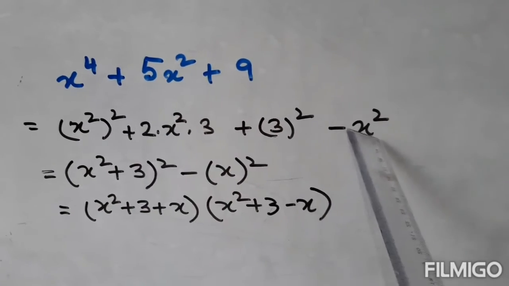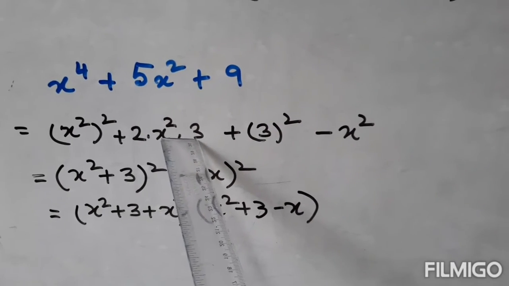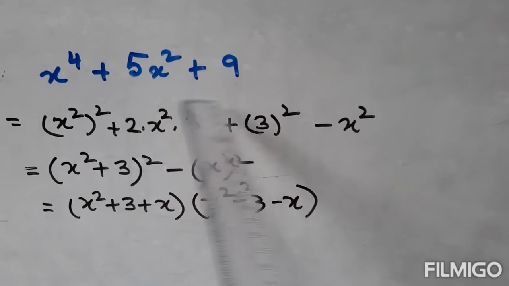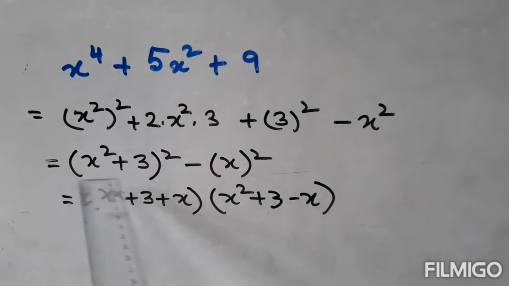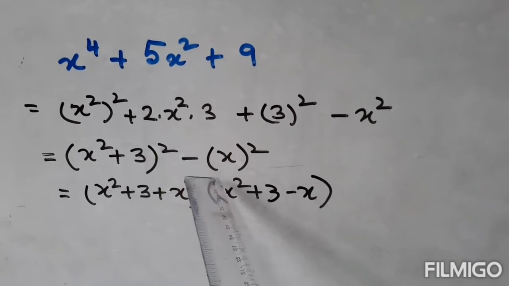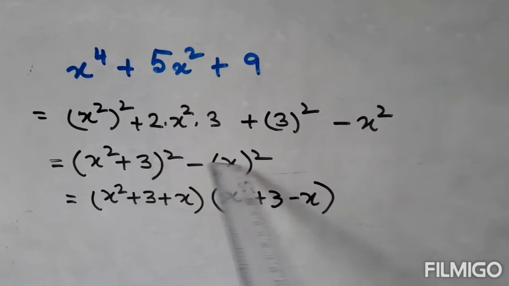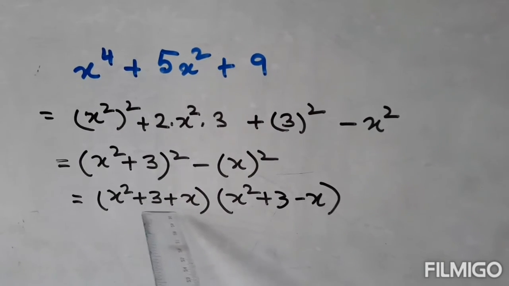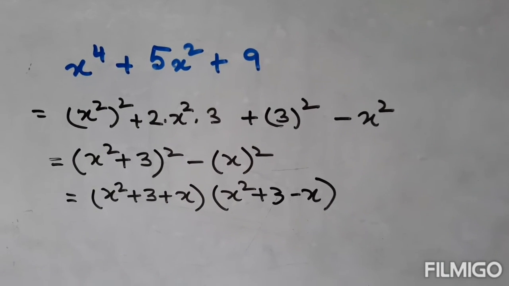So we subtract 1x square. That means 6x square we get here. We subtract x square, we get 5x square. Then we write it as x square plus 3 whole square minus x square. That is in the form a square minus b square. We get a plus b, a minus b.